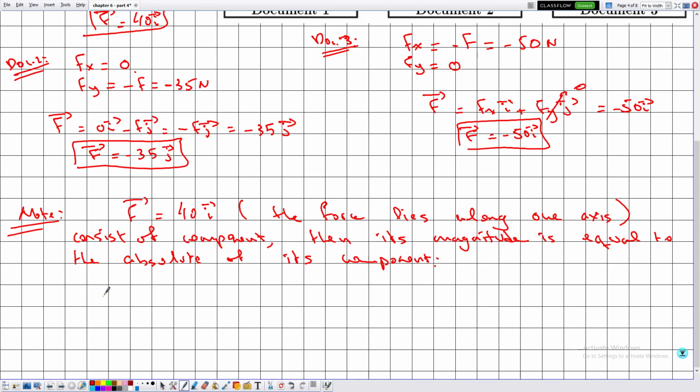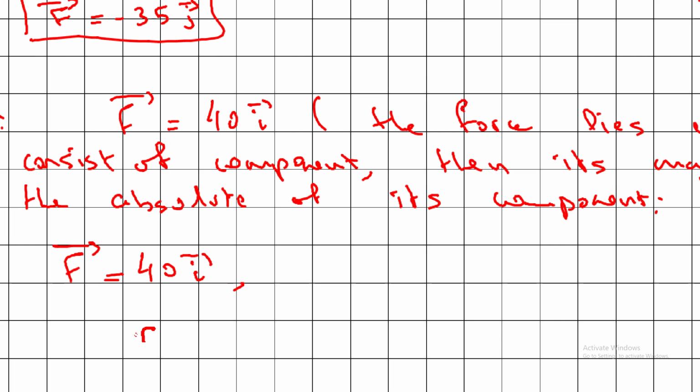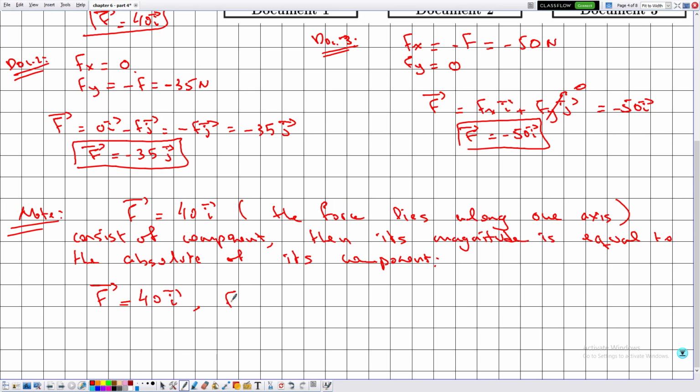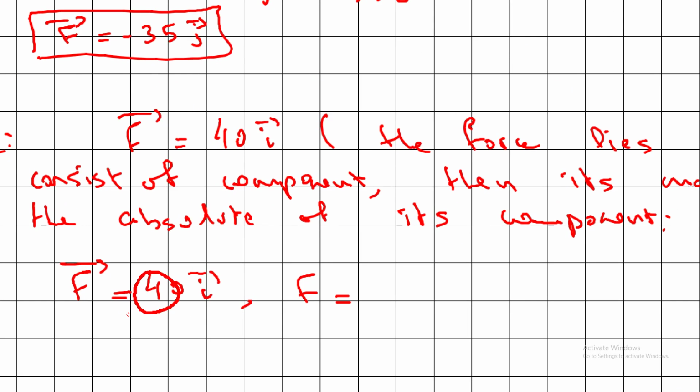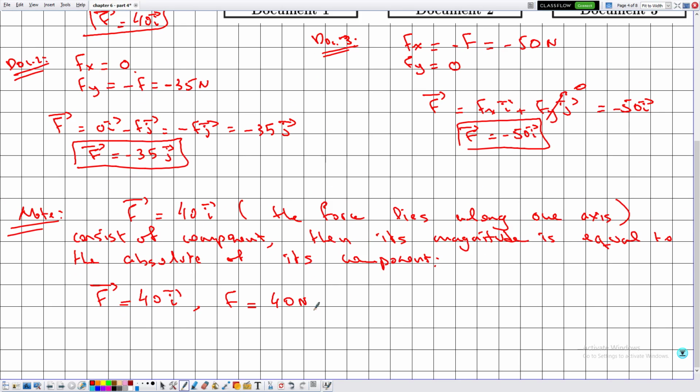So in this case, if you consider the first force, which is given by F is equal to 40i, without using the rule of the magnitude, which is F is equal to square root of Fx squared plus Fy squared, the magnitude of F is directly given by the absolute value of this number, which is 40 newtons.